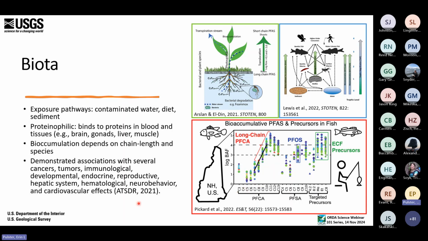A lot of the associated effects with PFAS in wildlife and in humans are shared health effects that include a lot of cancers and tumors, immunological effects, developmental and reproductive effects, endocrine disruption, hepatic, neurological, and cardiovascular effects as well. So the list goes on.